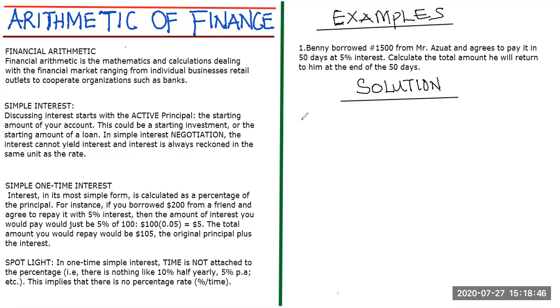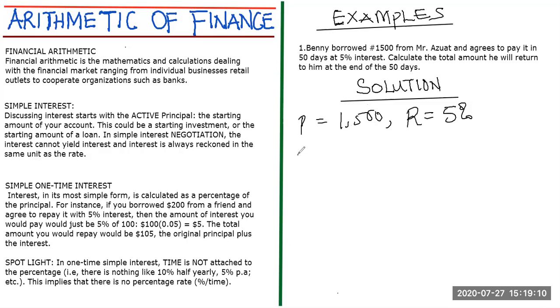So the principal is 1,500. That is the principal that Benin borrowed, and of course the rate or the percentage is 5%. And this is 5% of the money he borrowed. They did not attach duration to it. So forget about the 50 days that is there and just work with the normal mathematics.